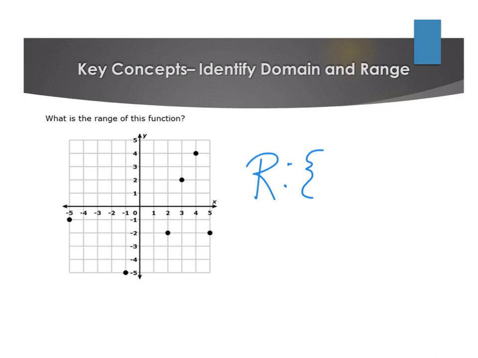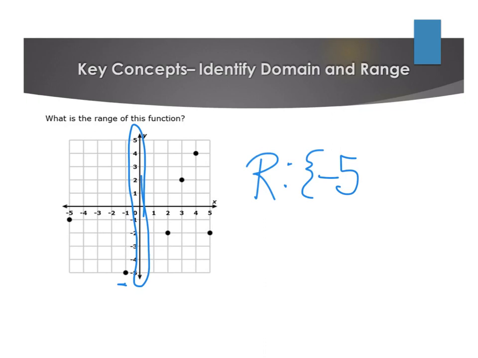I'm being asked here to find the range of this function. If you remember, range is all of our y values. So I'm going to look at everything as it lies along the y-axis. I'm going to start here at the bottom. I have -5.